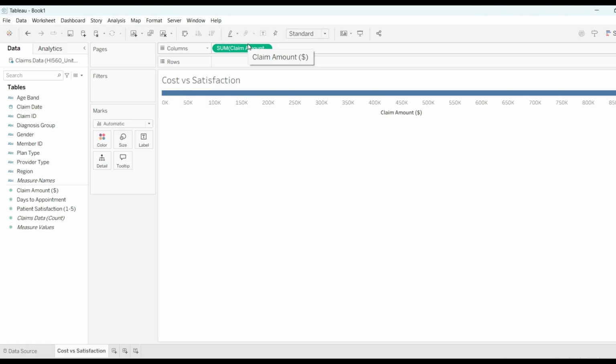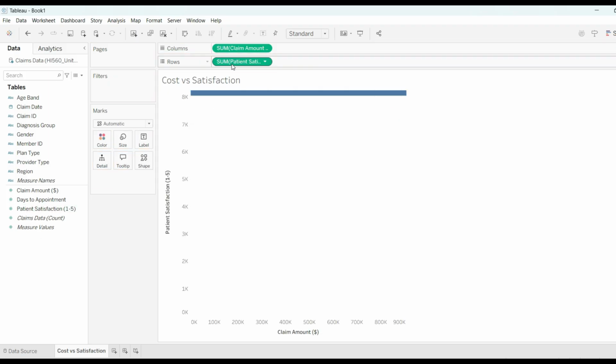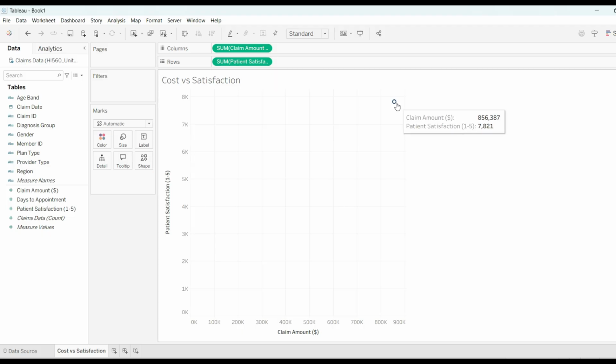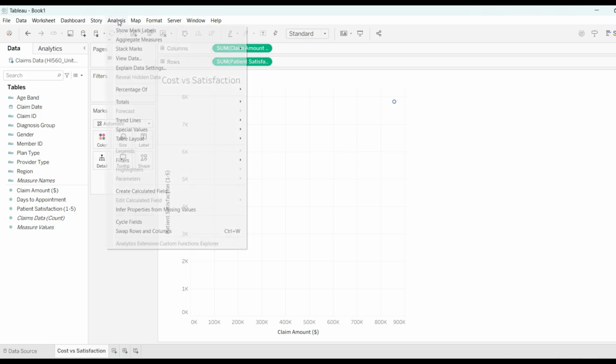And then I'm going to drag patient satisfaction to rows right here. Now, right now there's only one plot because there's one point, because Tableau has aggregated everything. So we've got to fix this.